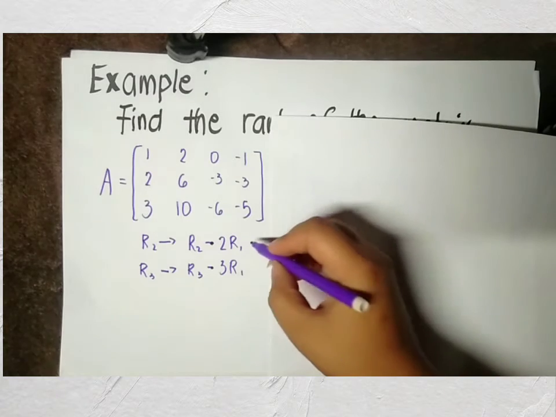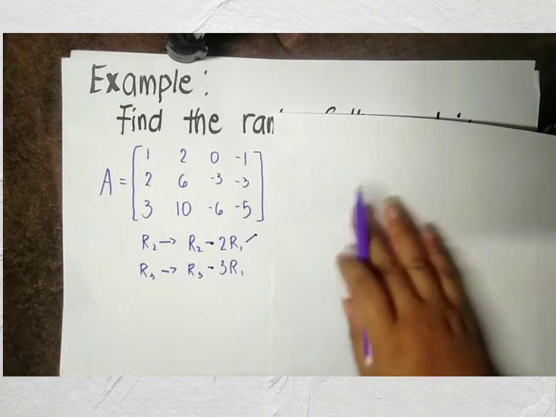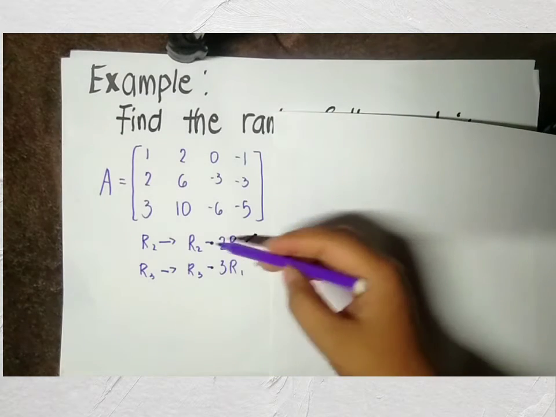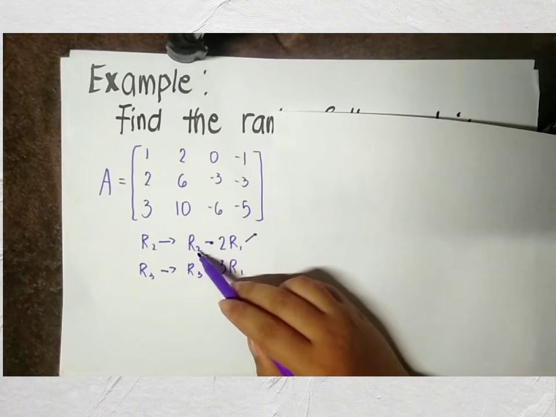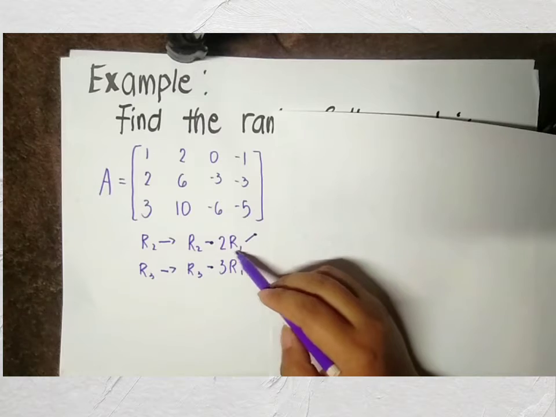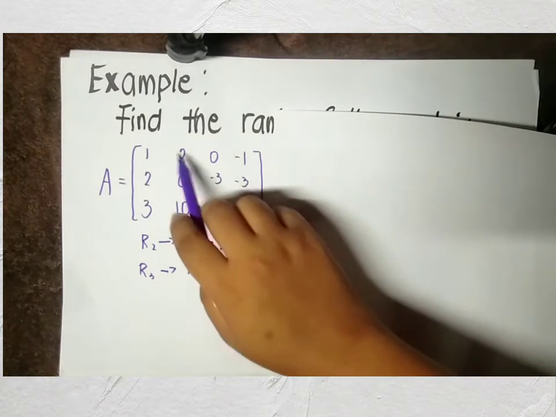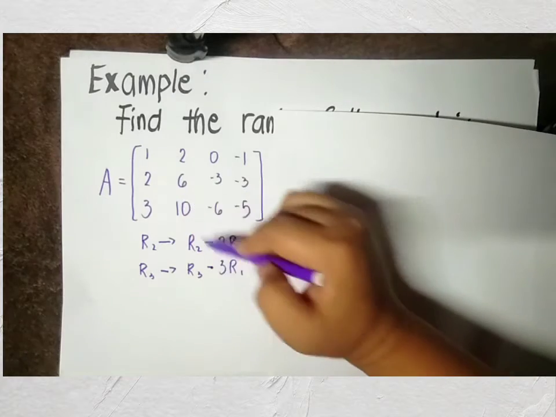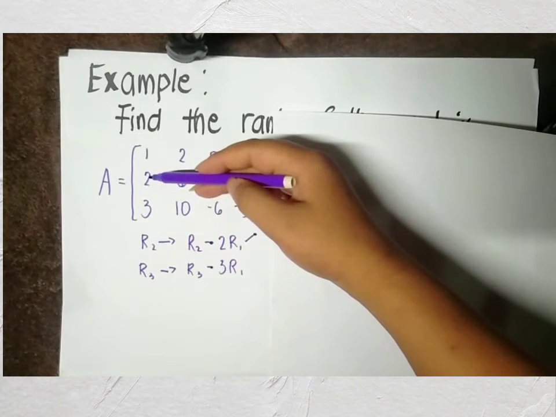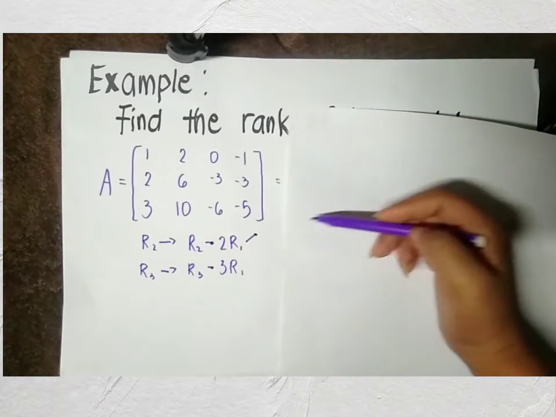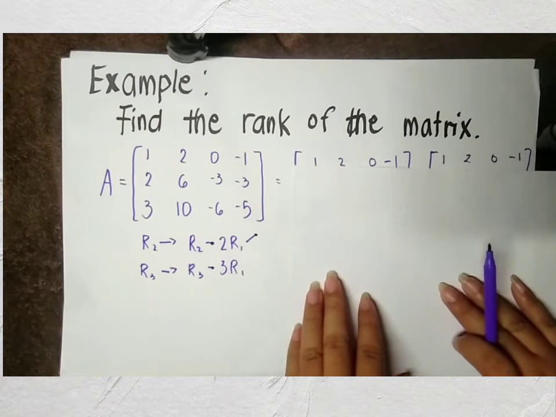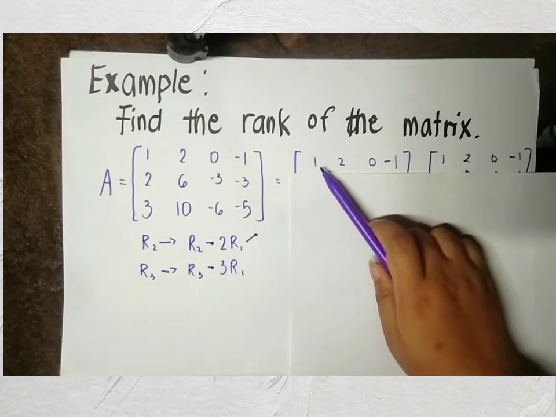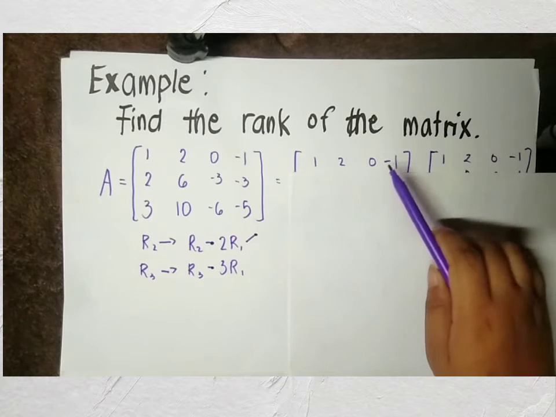For the second row, I use this formula: R sub 2 minus 2 R sub 1. So the 2, I multiply to all the entries of row 1. 2 times 1 is 2, and then 2 minus 2 is 0. So I just copied the first row, 1, 2, 0, and negative 1.